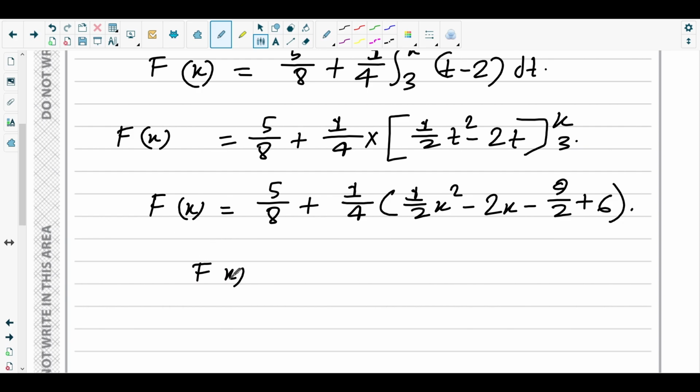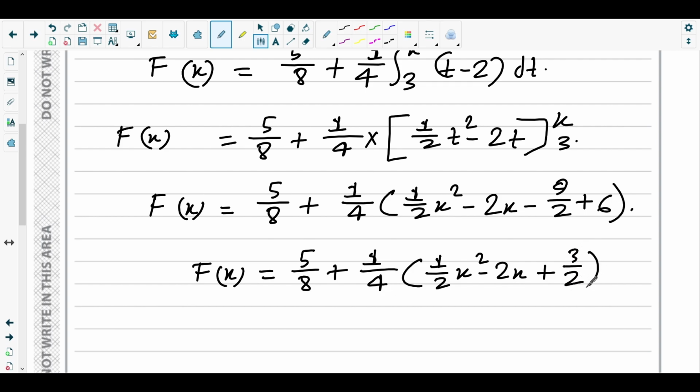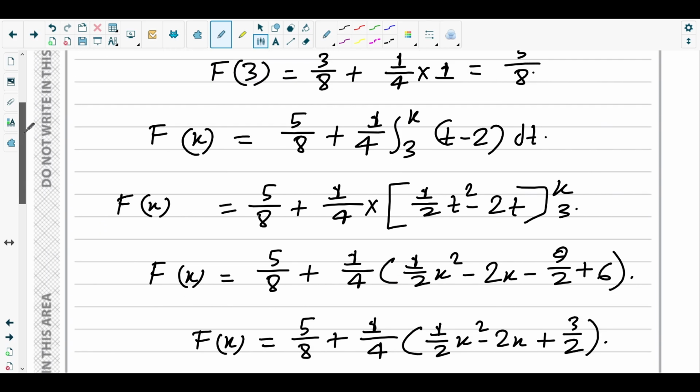So f of x would be 5 over 8 plus 1 over 4 times half of x squared minus twice of x, minus 4.5 plus 6. This is basically plus 1.5, which is 3 over 2. That's it, and that's the cumulative distribution function we got.